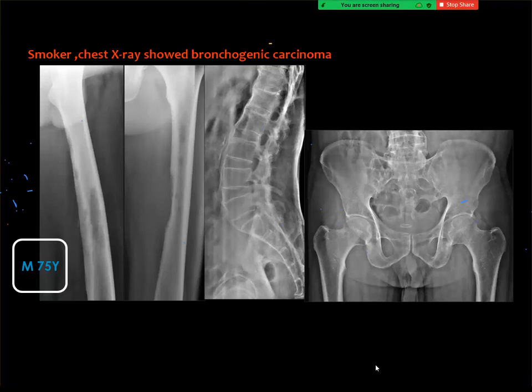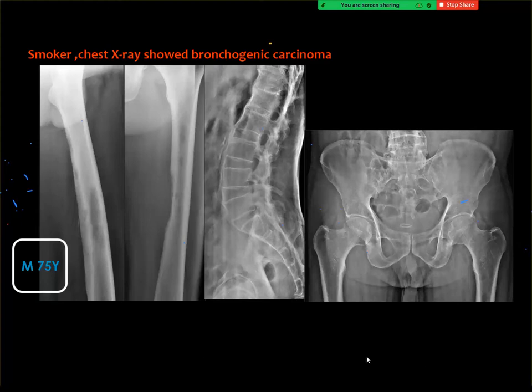Actually, you got the classic appearance of ankylosing spondylitis with calcification of the spinal ligaments as well as obliteration of the sacroiliac joints. You know that the paraneoplastic syndrome is just a periosteal reaction along the shafts of the long bones. Then if you look carefully in this femoral shaft, you got destructive changes in the cortex of the bone and the osteolytic lesion within the medullary cavity.